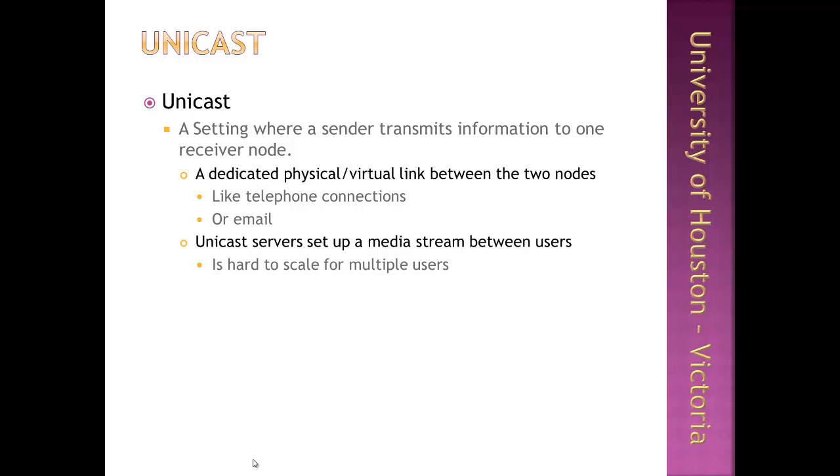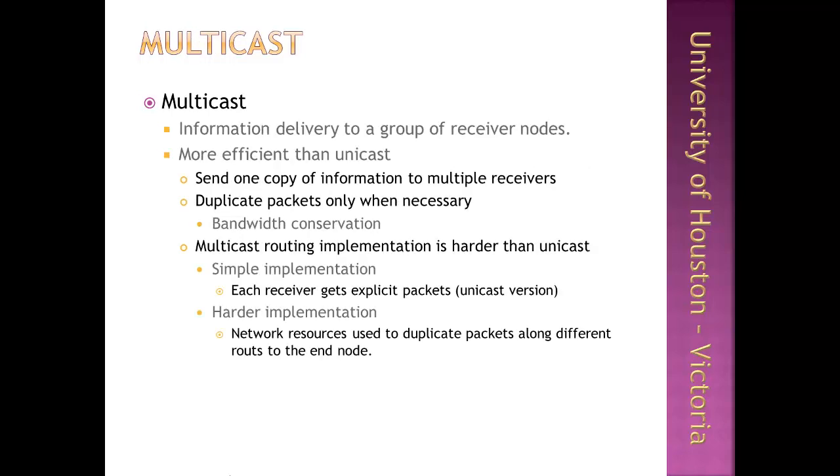This can be achieved by setting up a dedicated link between a sender and a receiver, for example, in circuit switching telephony, or in connectionless links such as sending an email to a specific receiver. Unicast servers work by providing a media stream to each user, an architecture that is hard to scale for many simultaneous users.